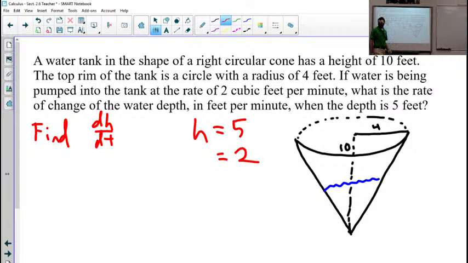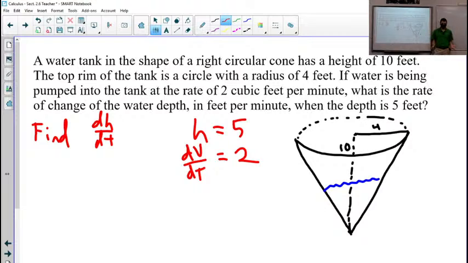Two is what? Okay, so we're going to label that as dV/dt. The first clue is that it's the rate of the amount of water being pumped into the tank, which is what volume measures. Clue number 2 is that it's in cubic feet per minute.